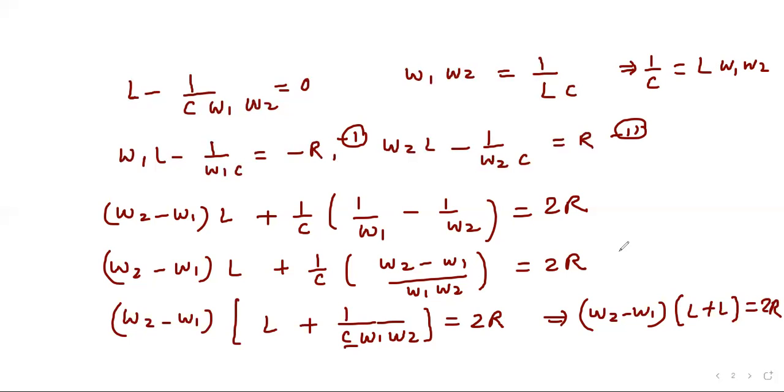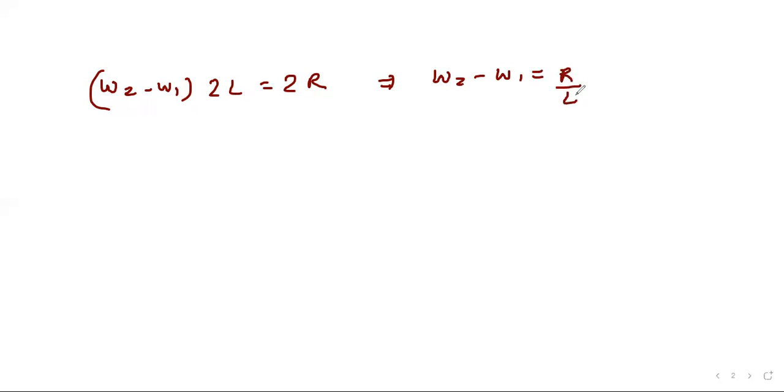So we have got omega 2 minus omega 1 times 2L equal to 2R. Omega 2 minus omega 1 times 2L equal to 2R, from where we get omega 2 minus omega 1 equal to R upon L. Now, if we go back to the definition of quality factor, it was omega R divided by omega 2 minus omega 1.